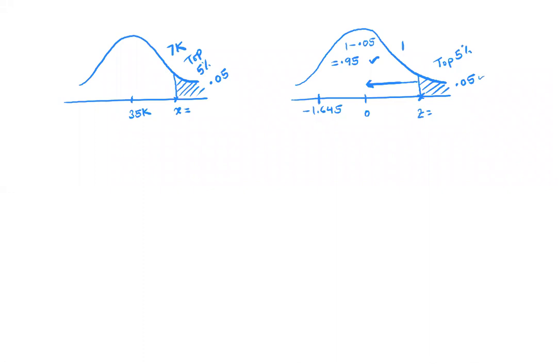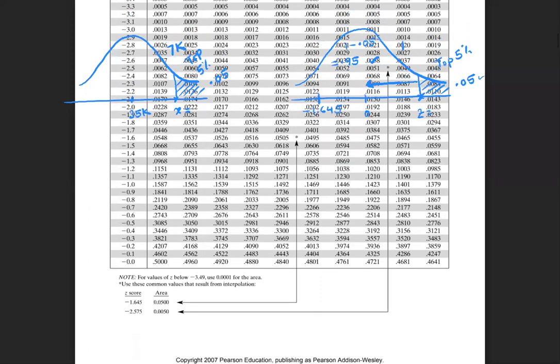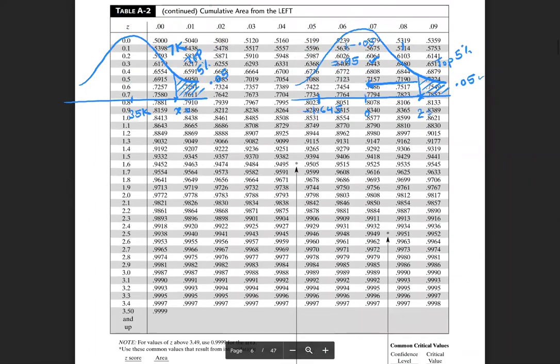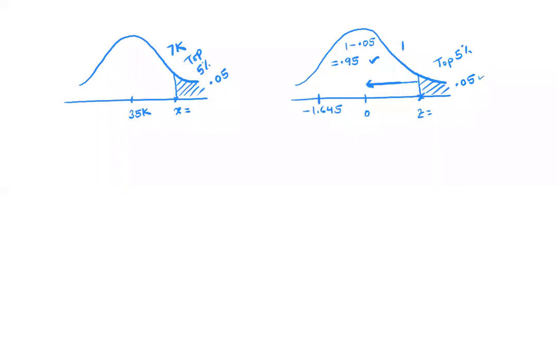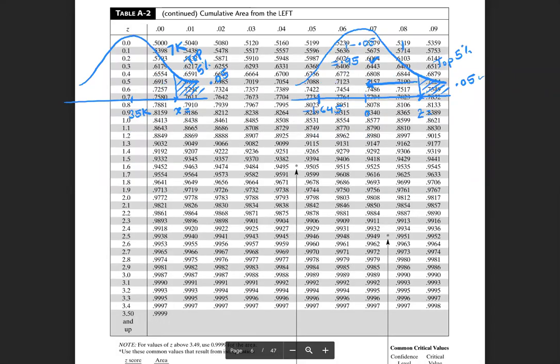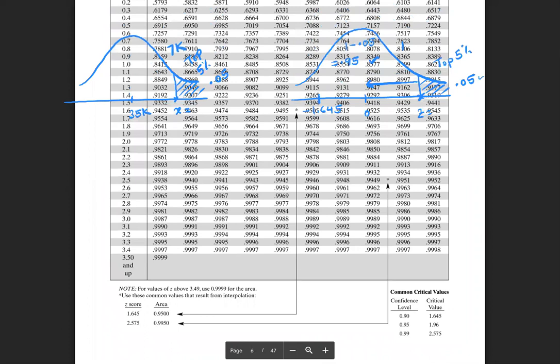So let's bring back the table. 0.95 is more than 0.5, so we are going to be looking at the positive side, the positive z-score. 0.95 is a special value, which is right here. 0.9495 to the left and 0.9505 to the right.